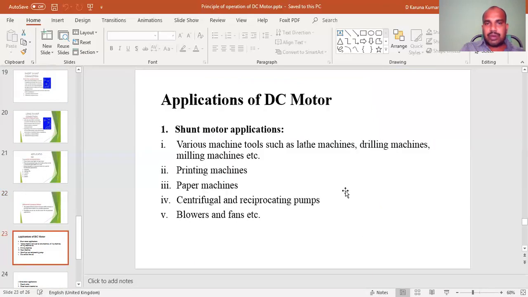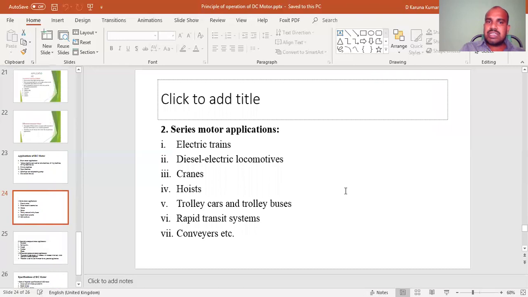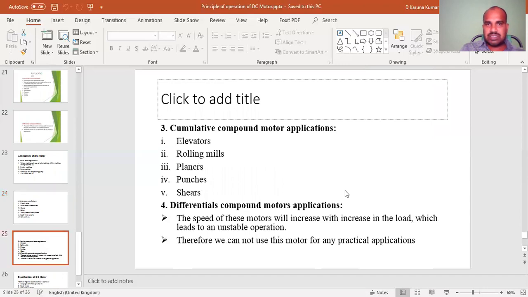Once again, I will repeat the applications. The shunt motor is used only for constant speed, in machine tools such as lathe machines, printing machines, paper machines, and others. The series motor is used for high starting torque: electric trains, diesel electric locomotives, cranes, hoists, and trolleys.